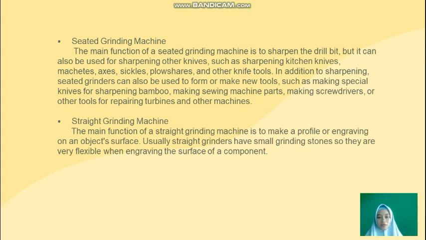Strike grinding machine. The main function of a strike grinding machine is to make a profile or an engraving on an object surface. Usually, strike grinders have small grinding stones, so they are very flexible when engraving the surface of a component.